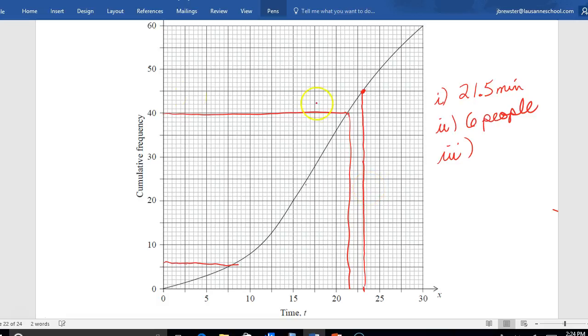So 45 people take up to 23 minutes. But they're asking how many take more than that. Well, you have a total number of 60 people. So if 45 people take up to 23 minutes, then beyond 23 minutes, it's going to be 60 minus 45, which is 15. And I think that's the end of this problem. That one's pretty easy. Done.